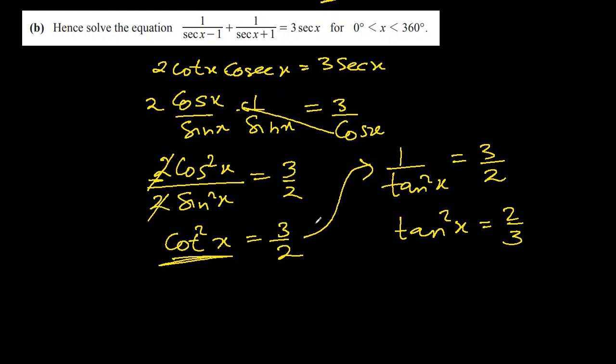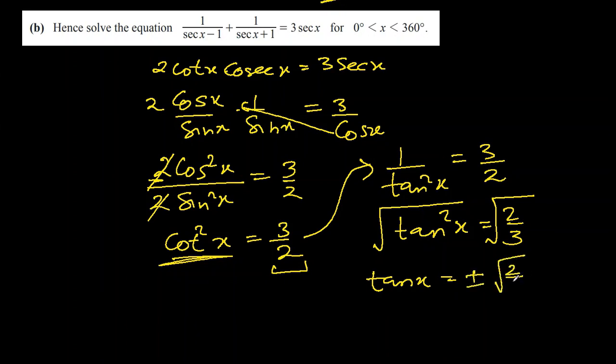They are equal, so I did not reciprocate 3 over 2, but now I actually reciprocated. Tan square came up, 1 went down, so 2 and 3 must also be reciprocated. And now to get that, we have to square root both sides. So tan x equal to plus minus square root 2 over 3.